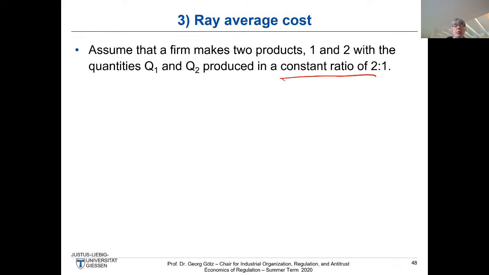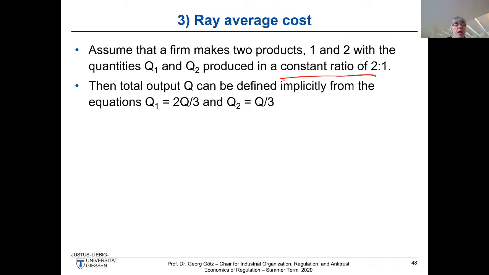So in order to get a measure of these average costs and economies of scale, you need to keep this ratio constant. If you produce 3 million cars and one third is Touaregs and two thirds are Golfs, then you will produce 2 million Golfs and 1 million Touaregs.